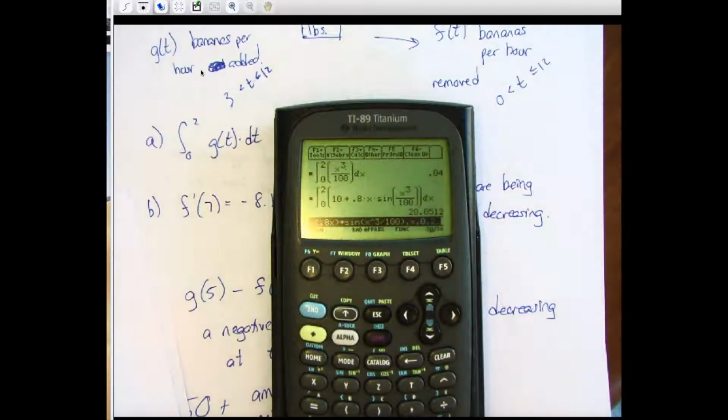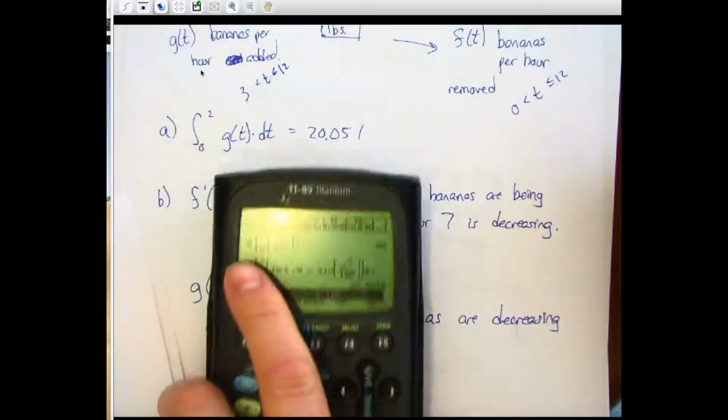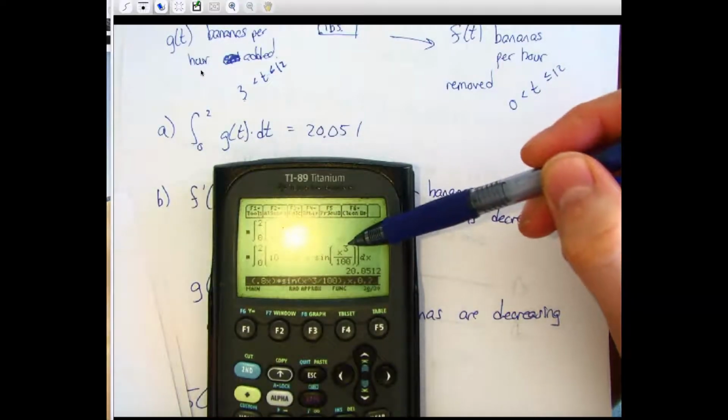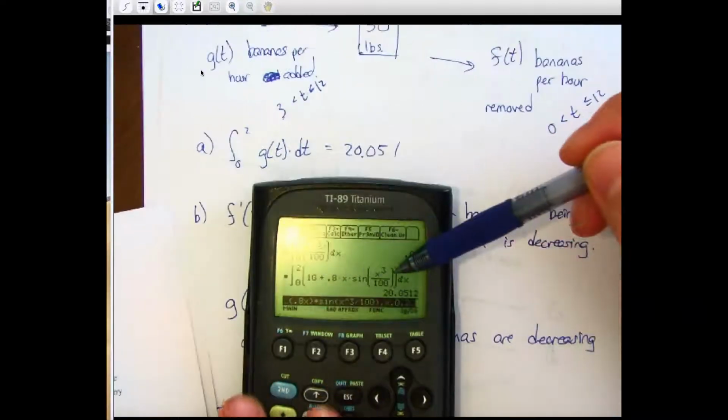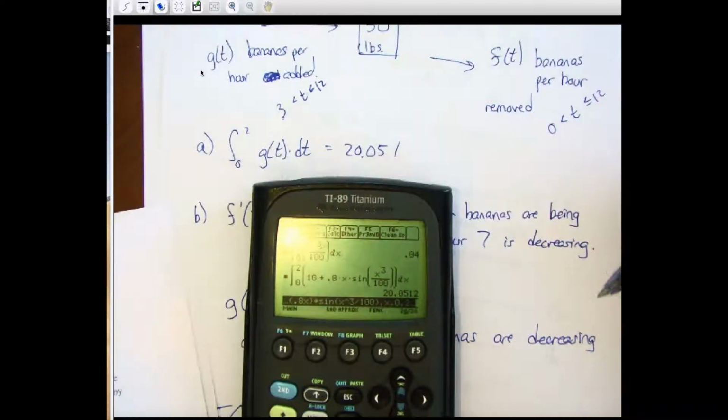Okay, sorry about that. Took me a second, but that's what we get. So that is typed in right. You can just verify that it looks like it's supposed to. Took me a while to get the parentheses in the right spot, but we get 20.051.